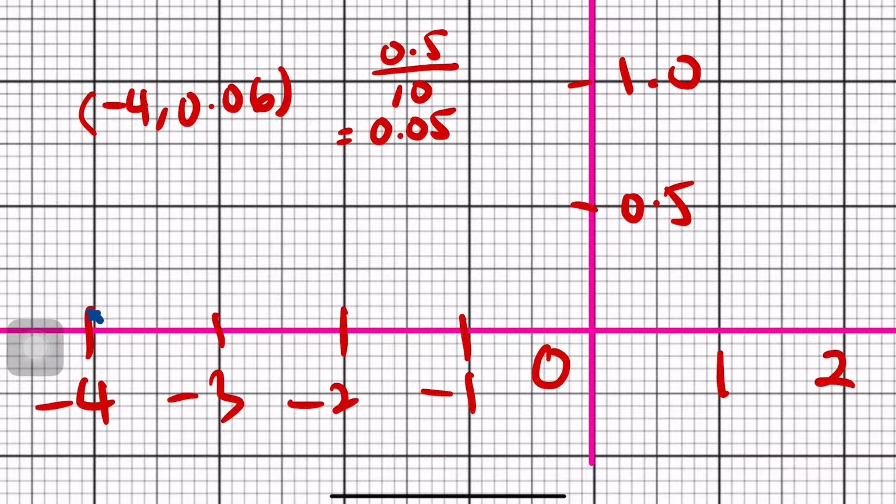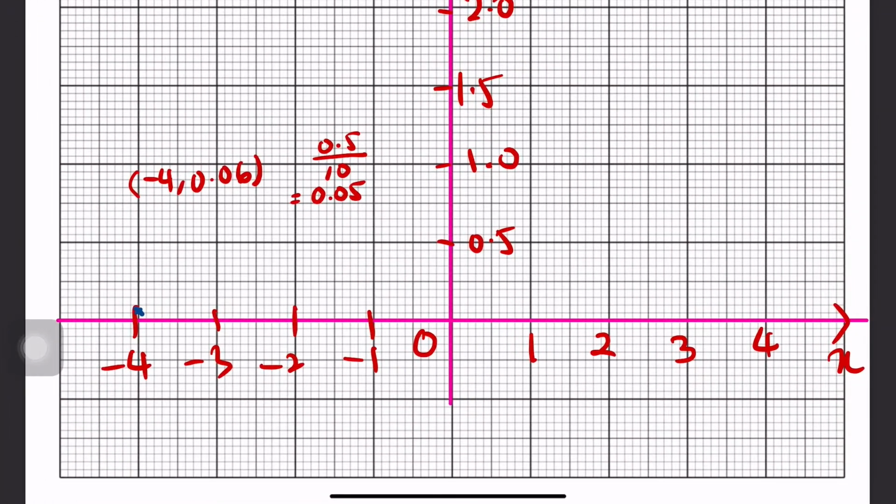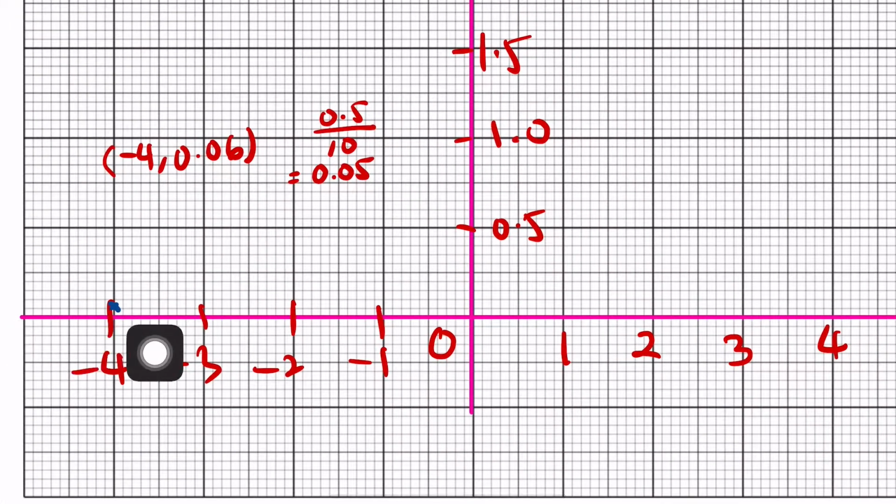Okay? Next we have negative 3. Negative 3 is 0.11. So this is 0.1, so 0.11. You can press your calculator, 0.11 divided by 0.05, so your answer is 2.2. So you draw at 2.2 boxes.